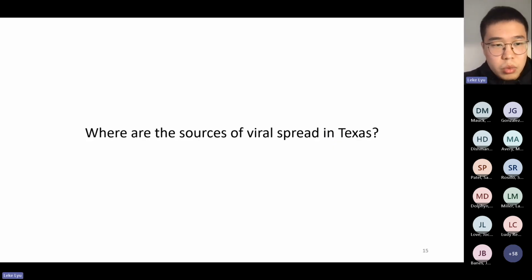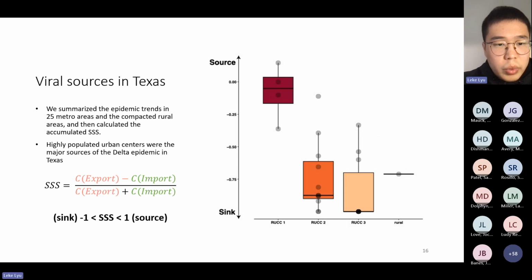Now let's go to the second question. Where are the sources of this viral spread in Texas? So we redid the trait analysis. We summarize the epidemic trends in these subregions, meaning the metro areas and the compact rural regions, and then we calculate the accumulated sourcing score.